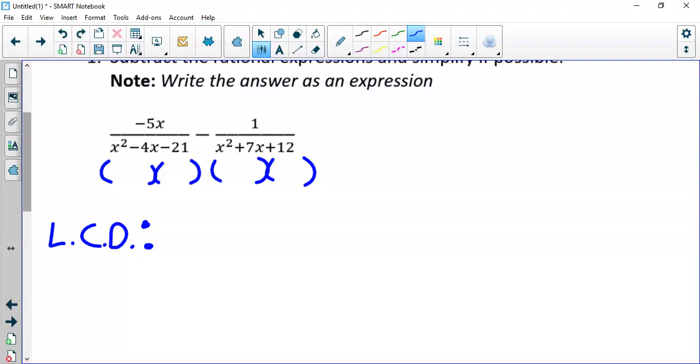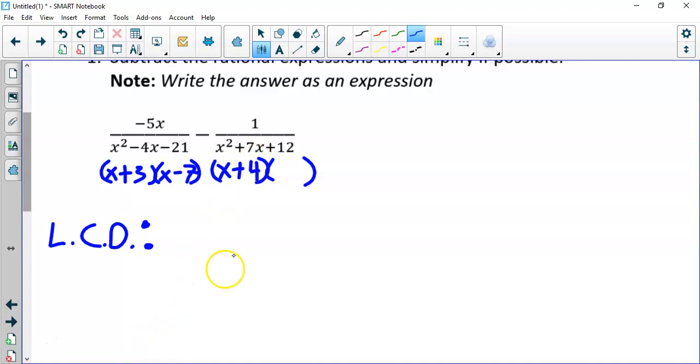All right, so it has this first denominator factor. You got it. X plus 3, x minus 7. Because a positive 3 and negative 7 give you the negative 21. Negative 7 plus 3 give you the negative 4. Perfect. What does the second one factor to? X plus 4 what?